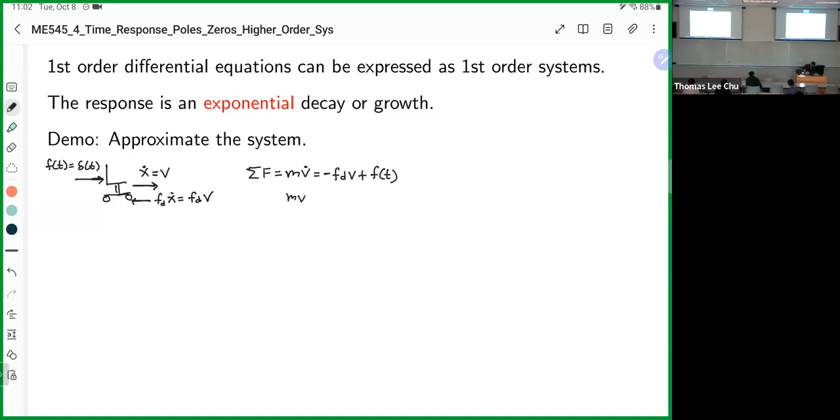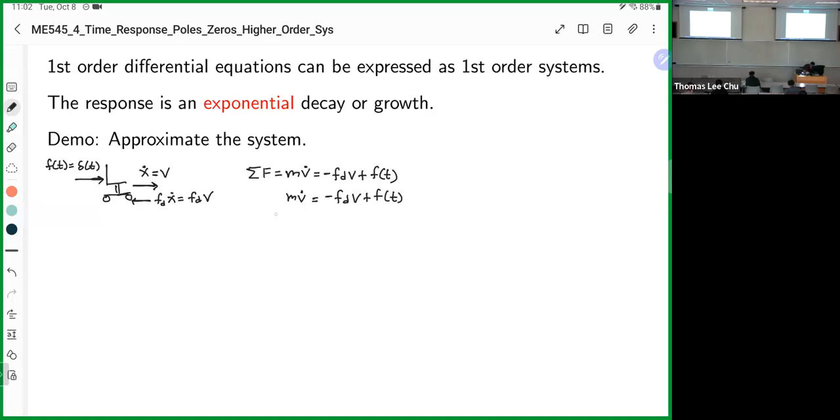So then we get m v dot is equal to minus F_D multiplied by v plus our input, which we'll just keep in terms of the input defined.